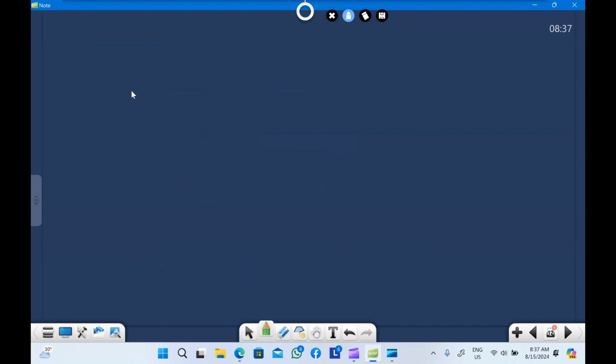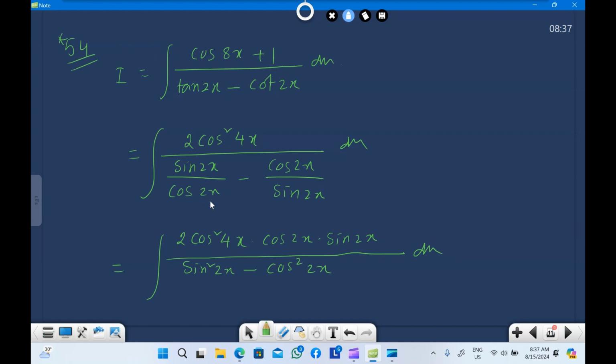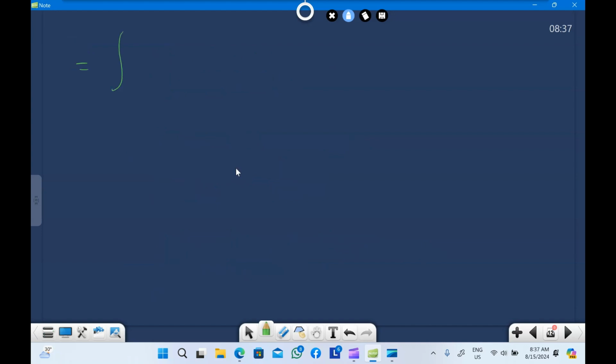So after this, you see the numerator of the integration is cos square 4x, and this 2 can be considered with these two factors. So here cos square 4x is remaining.